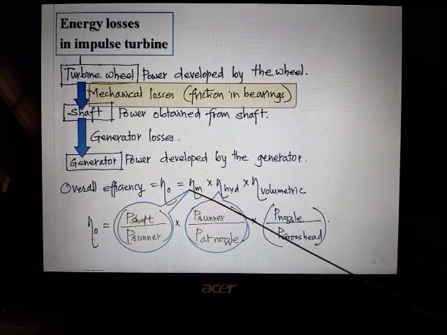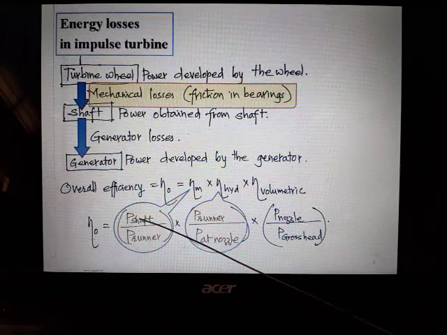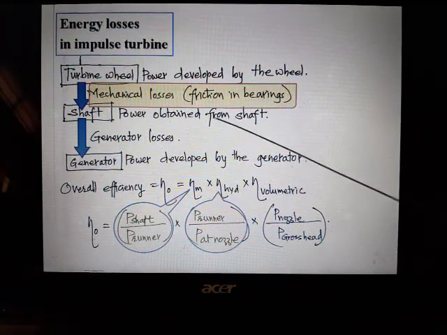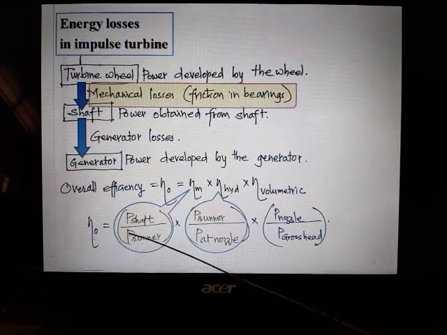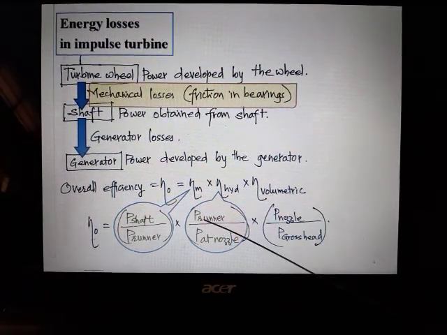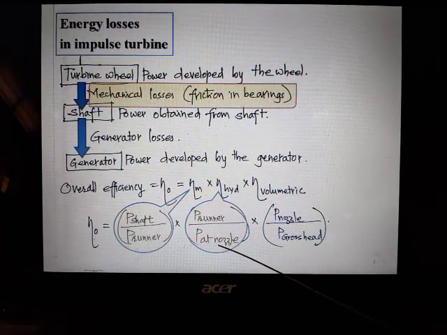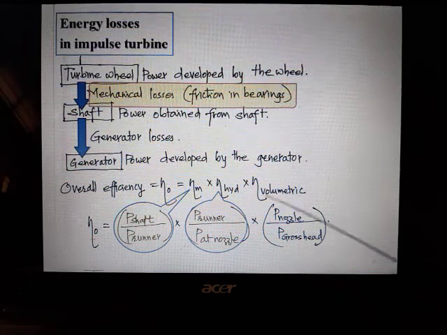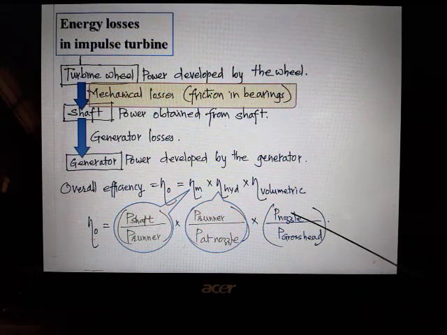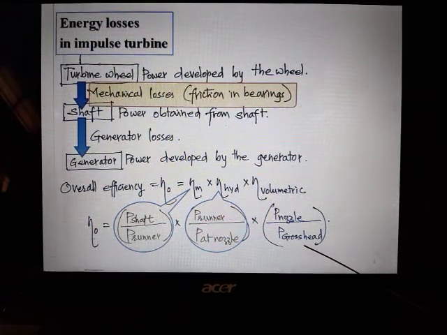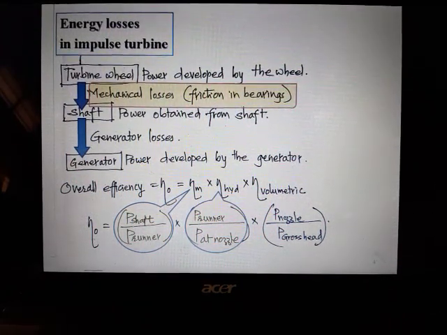Mechanical efficiency is defined as the power obtained at the shaft to the power generated by the runner. Hydraulic efficiency is the power at the runner divided by the power at the nozzle. Volumetric efficiency is the power at the nozzle divided by the power with the gross head. Now we'll go into the details.